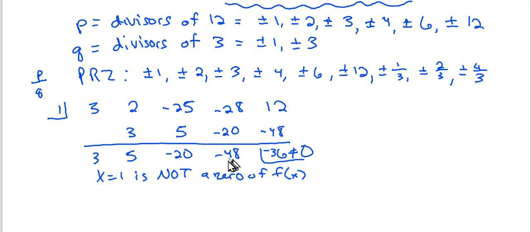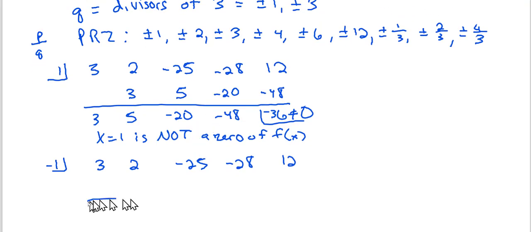What I notice is these numbers getting quite negative here. It makes me wonder if a negative number might work better to keep these numbers closer to 0, so that you're adding possibly some bigger positive numbers. We'll see what happens here. 3 comes straight down. We multiply. That gives us negative 1. Here is positive 1.